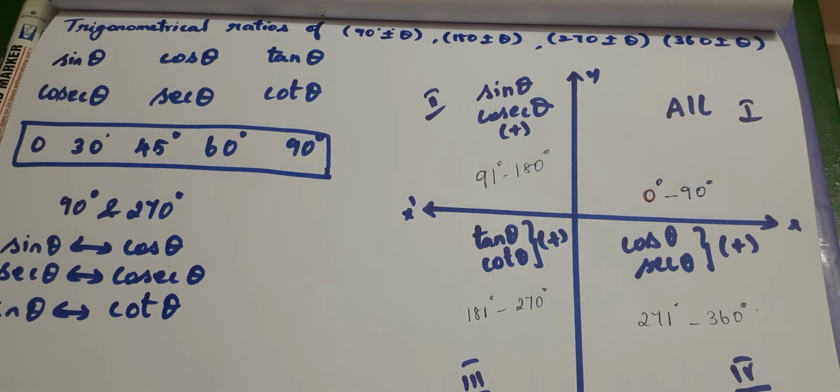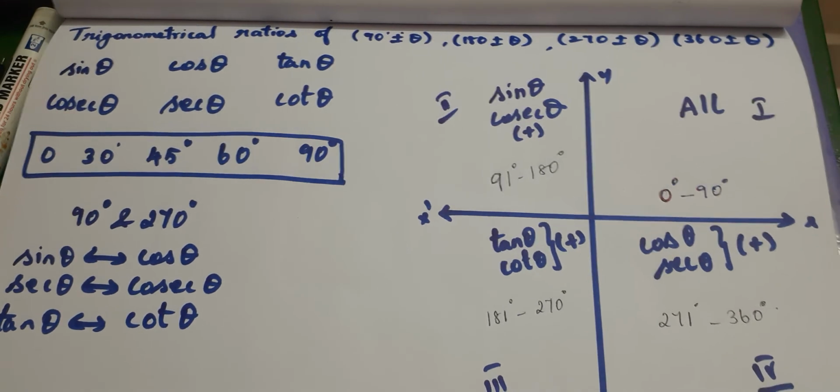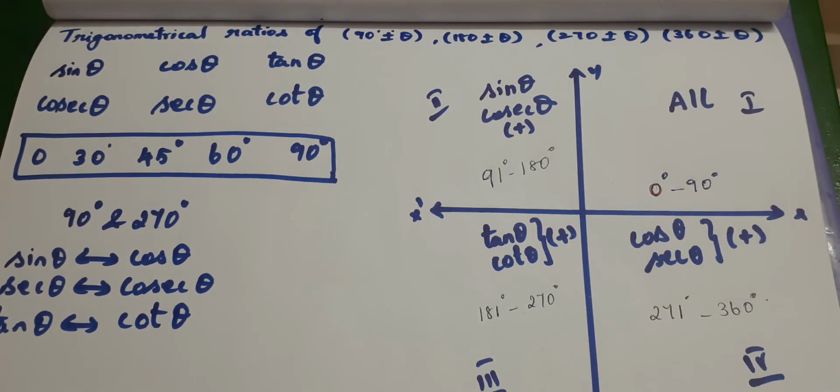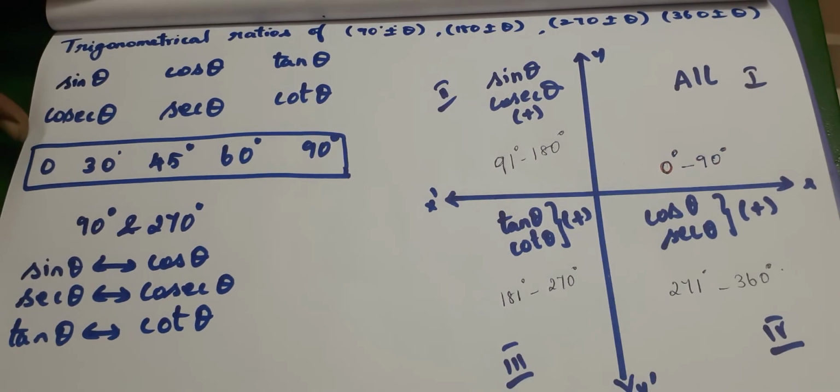So remember, if you express the angle in terms of 90 and 270, then sin becomes cos theta, secant becomes cosecant theta, tan becomes cot theta.